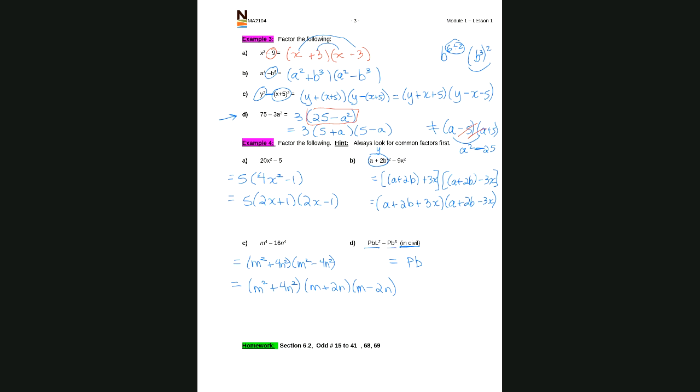So the common factor is P times B, and we're left with L squared minus B squared, which again is a difference of squares. So completely factor, and you get this.